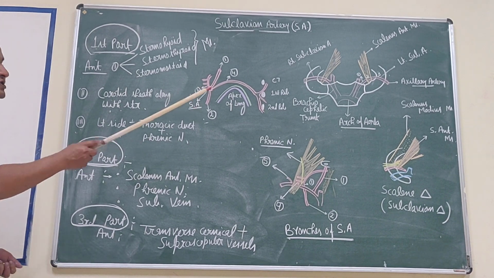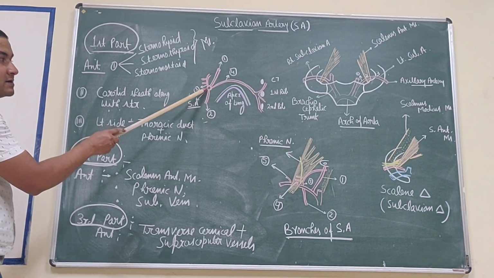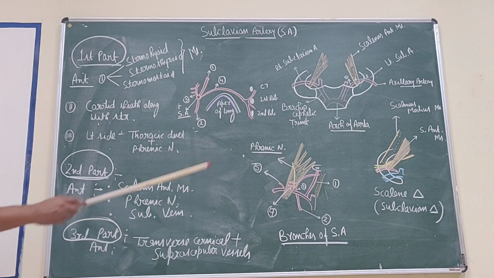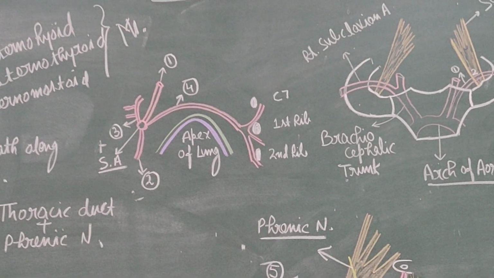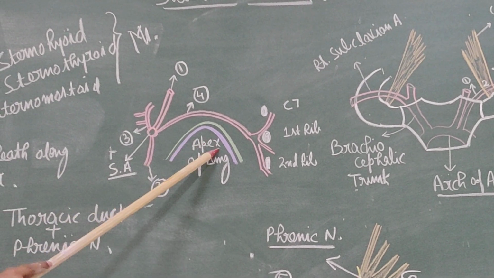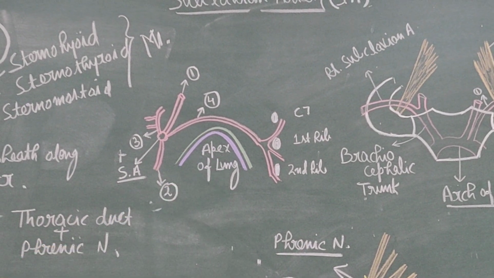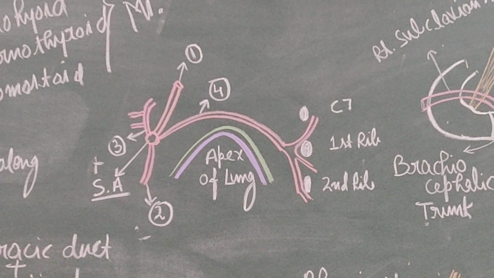This subclavian artery is situated in front of the apex of the lung, covered with the cervical pleura and the suprapleural membrane. So the posterior relation of all three parts is almost common. The relation that varies is the anterior relations.